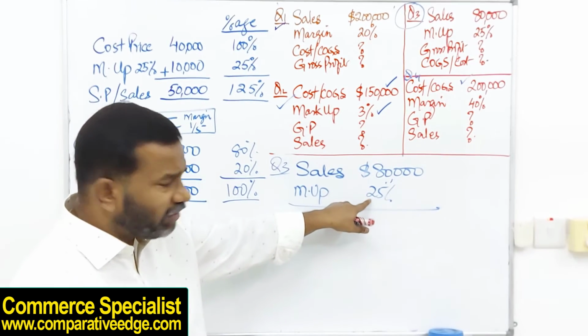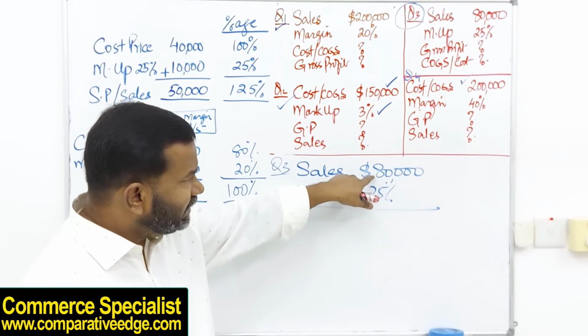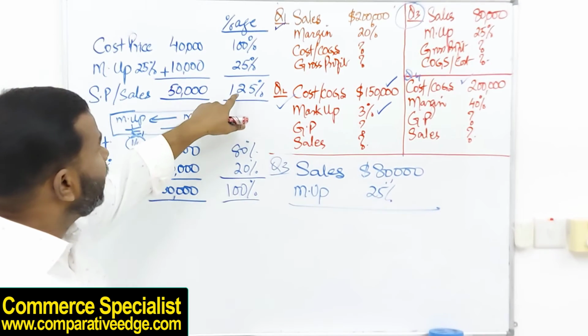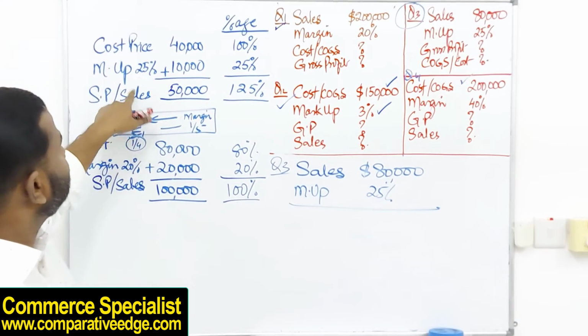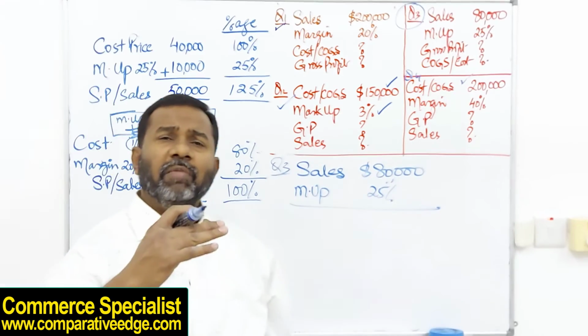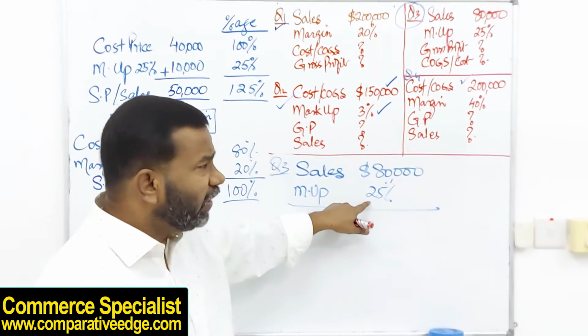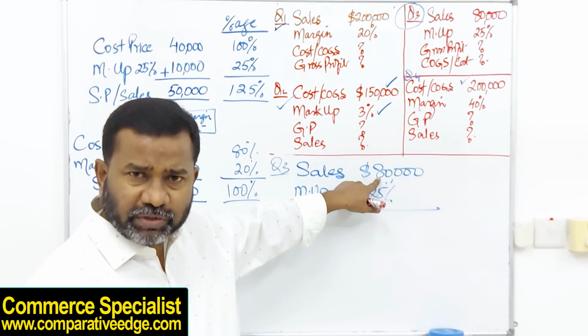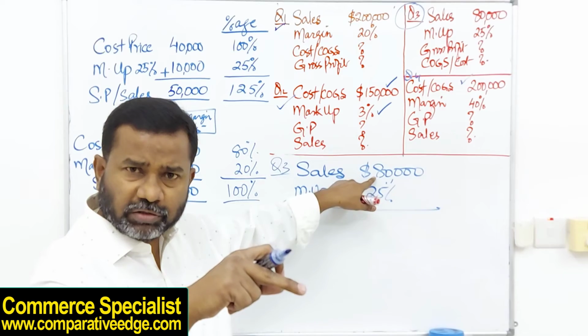If markup is 25, this sales should be 125% of cost. Because I told you, when it is markup, your sales is always above 100. Above 100, how much? If markup is 25, that means the sales is 125% of cost. If markup is 40%, sales is 140% of cost.